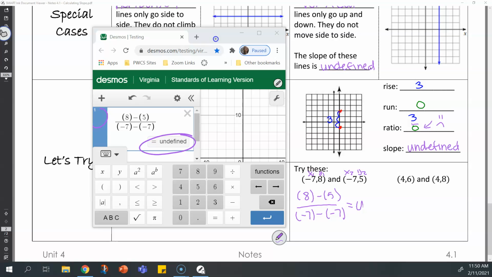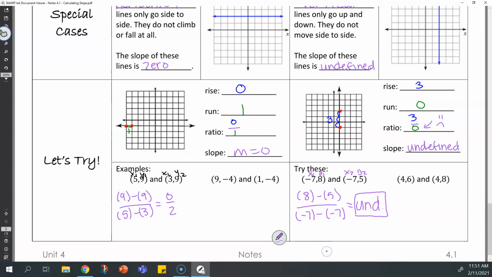Okay, so you can abbreviate it if you want to. If you do this in a calculator, you may get error. It may say error here instead of undefined, and that's okay. The slope is still classified as undefined for these problems.